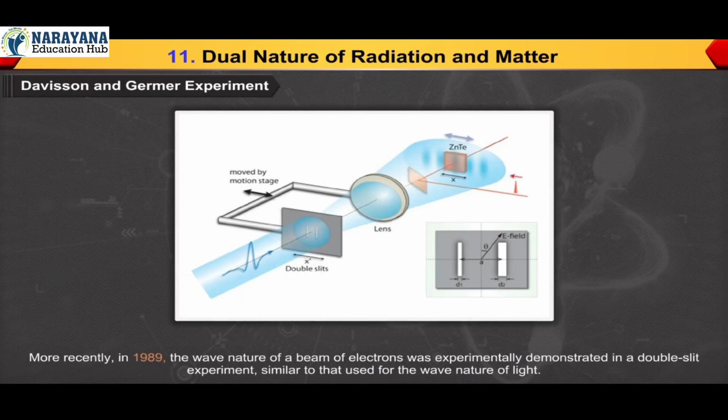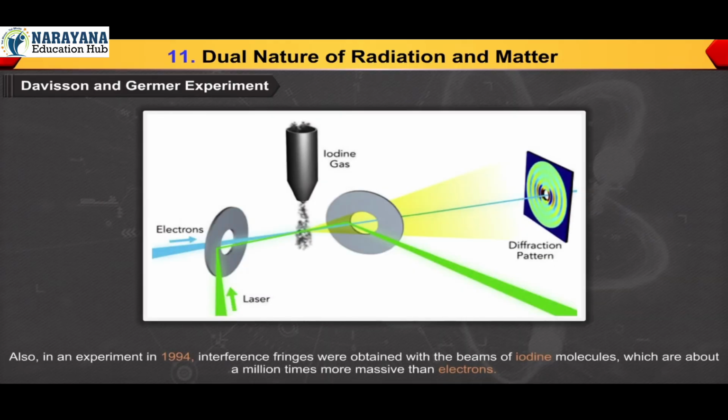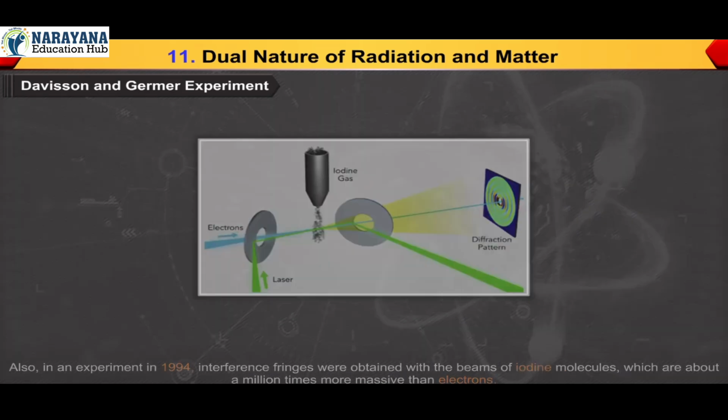More recently, in 1989, the wave nature of a beam of electrons was experimentally demonstrated in a double-slit experiment similar to that used for the wave nature of light. Also, in an experiment in 1994, interference fringes were obtained with beams of iodine molecules, which are about 1,000,000 times more massive than electrons.